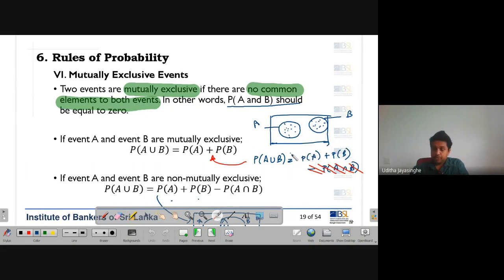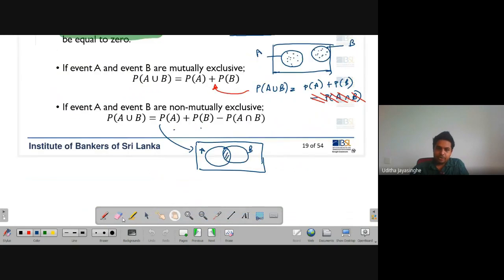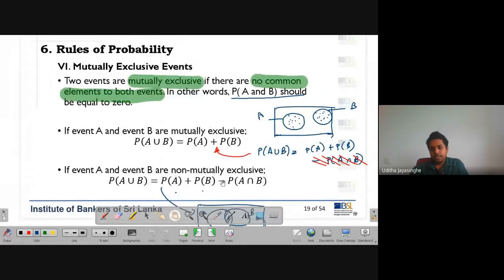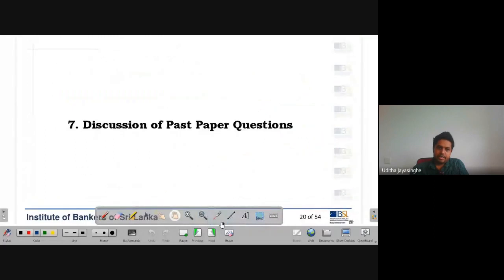But if events are not mutually exclusive, that means you have some sort of an intersection or a commonality like this also. That is why in that case we add these two elements and then remove the A intersection B part once. Okay. So these are the mutually exclusive events. That's where we stopped last week's discussion.